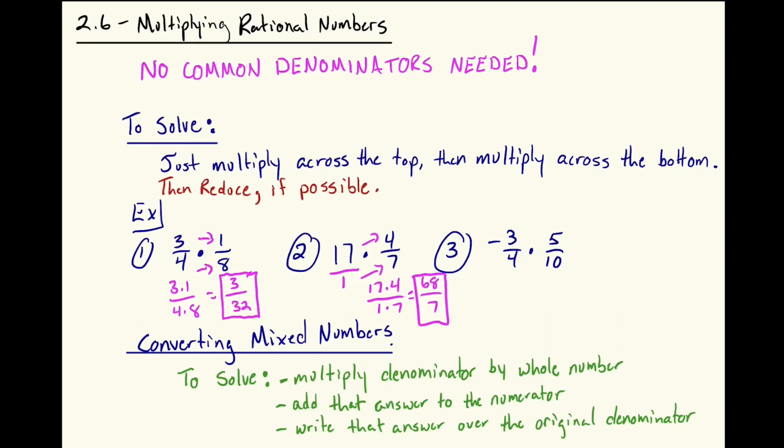Now, I want you to take a look at the answers from examples 1 and 2. Notice that the answer in example 1 is just a regular fraction. The larger number is in the denominator on the bottom, and that's a normal fraction. Now we look at our answer in example 2, and we see that we have our larger number in the numerator on top.